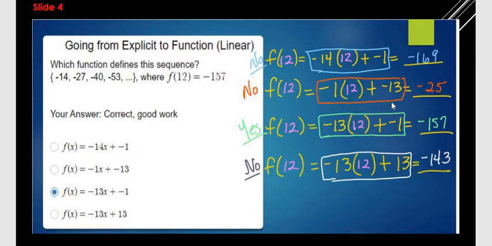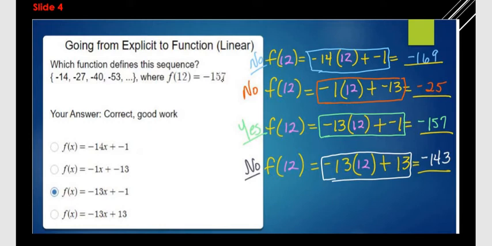Now slide number 4, you're going to go from explicit formula to linear function. So when we look at this right here, we have to find which function form will give you a negative 157.